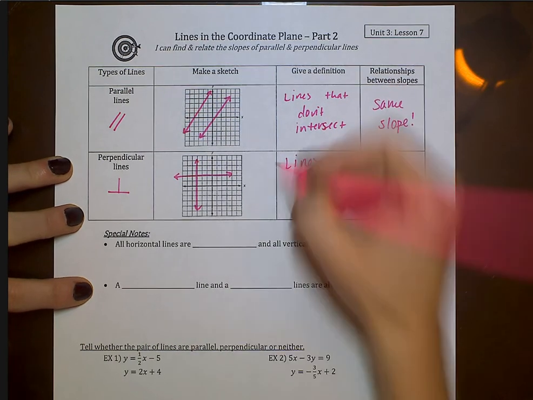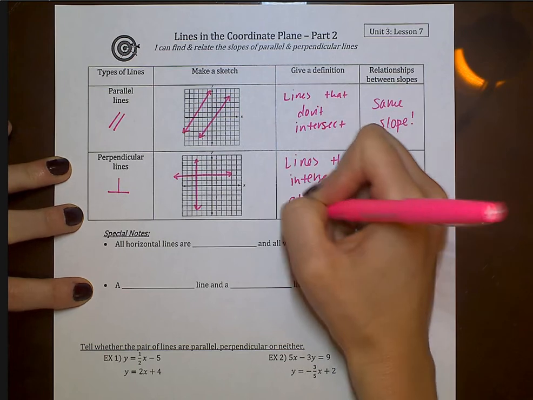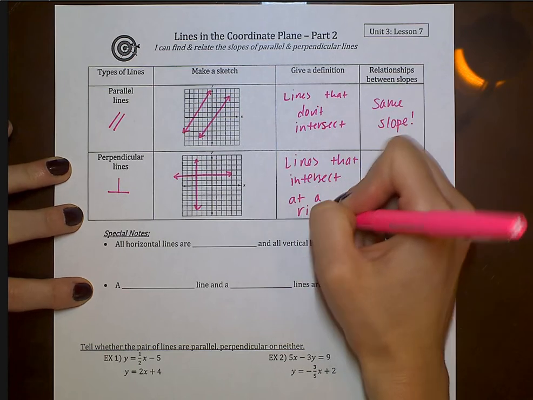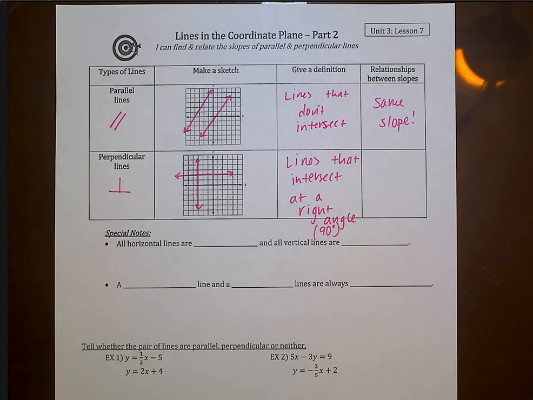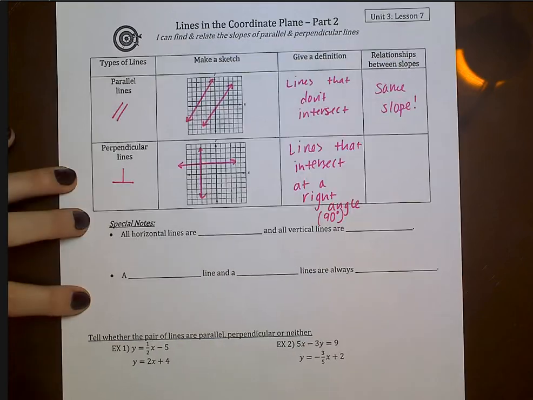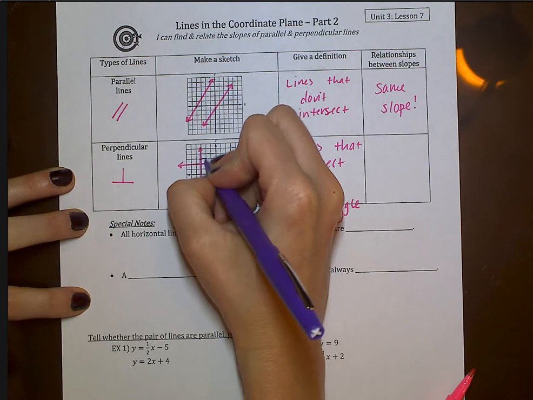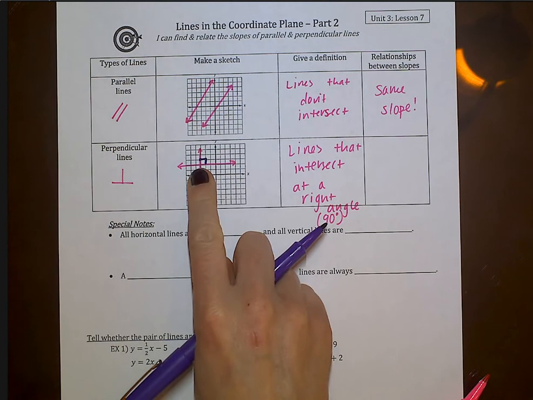They intersect at a right angle. I don't know why I cannot write smaller, but I just can't. They meet at a 90-degree angle. So on the picture, not in the algebra stuff, but in geometry, we'll put the little square there to show 90.